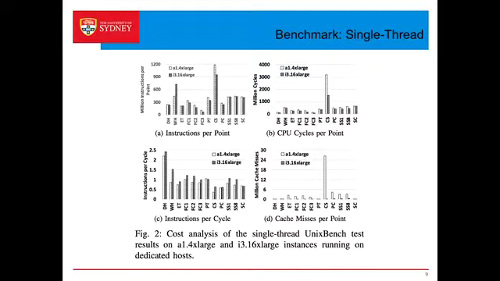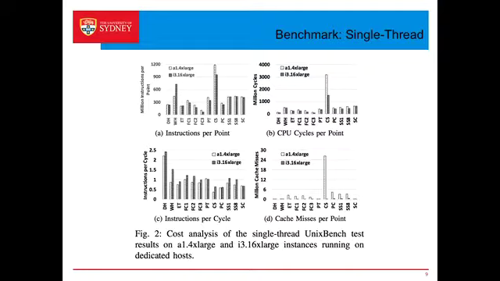This figure presents the coarse analysis of the single-thread test results. Looking at subfigure A, A1.4xlarge needs more instructions to achieve a point in all tests, except for Whetstone and Excel throughput. Looking at subfigure B, A1.4xlarge needs more CPU cycles to achieve a point, except for Whetstone and Excel throughput.